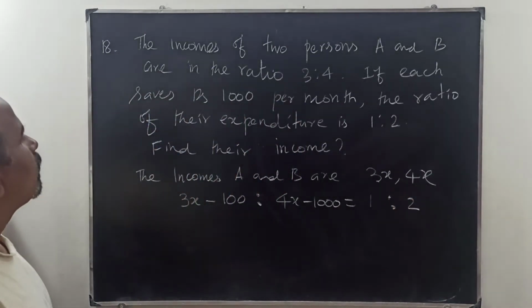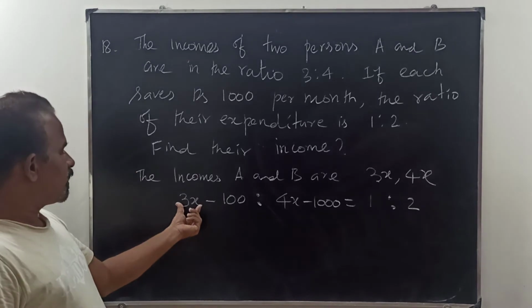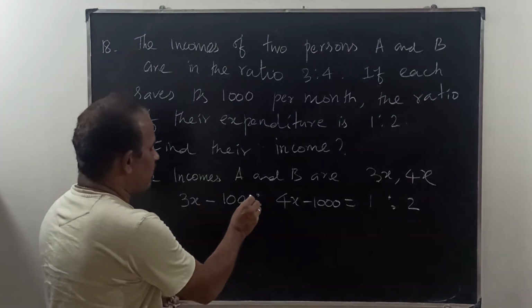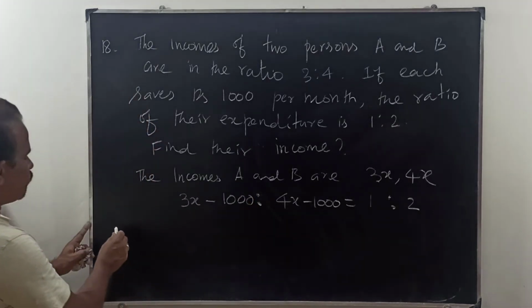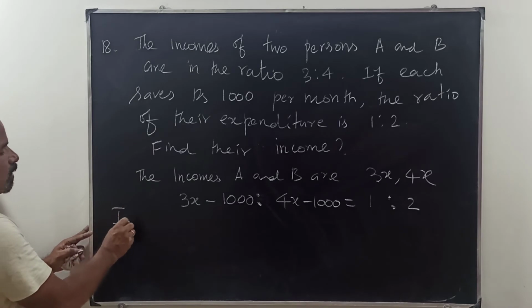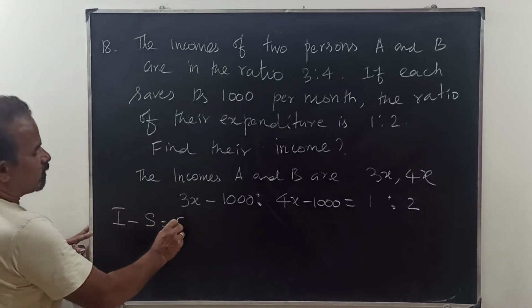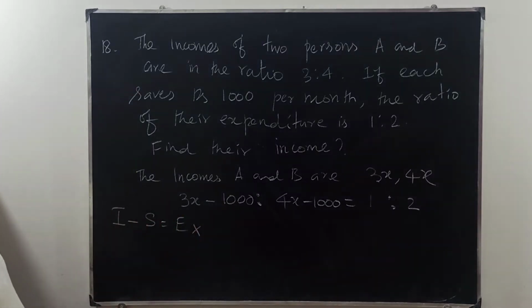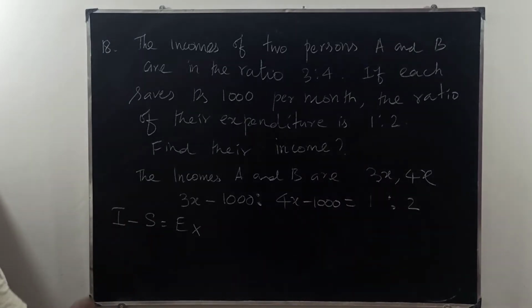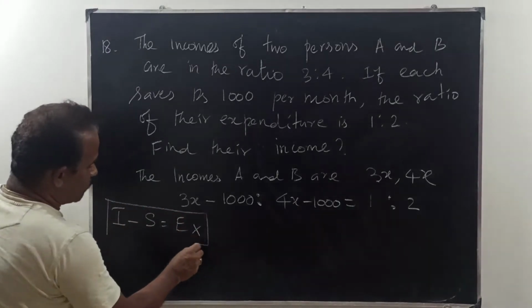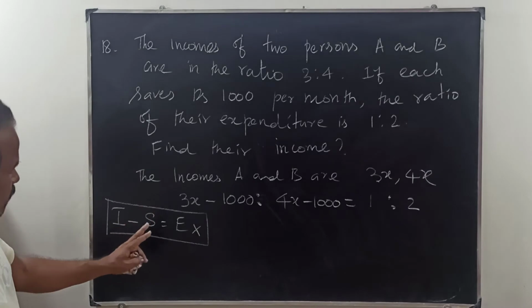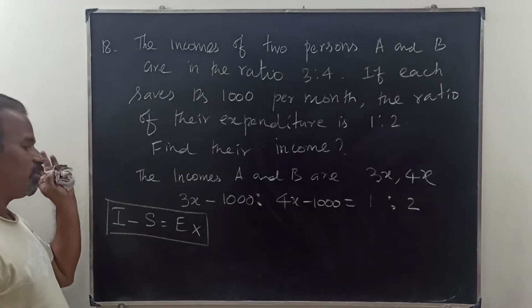So 3x is the income, 1000 is the savings. Always we know that income minus savings is equal to expenditure, or expenditure plus savings is equal to income.